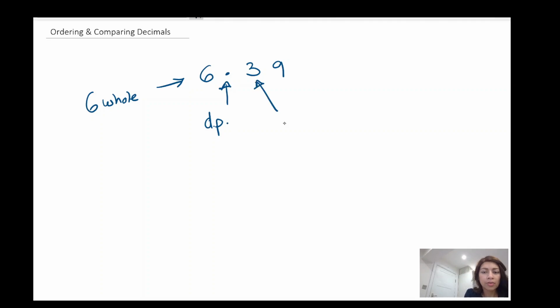We have 3/10 and 9/100. If we're looking at ordering and comparing decimal numbers, we look at the place value of each of the digits from left to right.